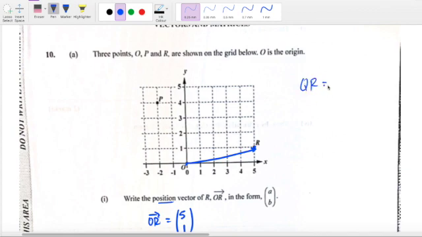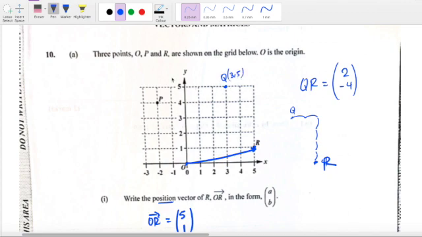That means that if this is the point Q, I would have to move 2 spaces horizontal and then 4 spaces vertical, and I will end up at the point R. So I can literally see that on my graph. 1, 2, 3, 4. 1, 2. The point Q would be here, the point 3, 5.